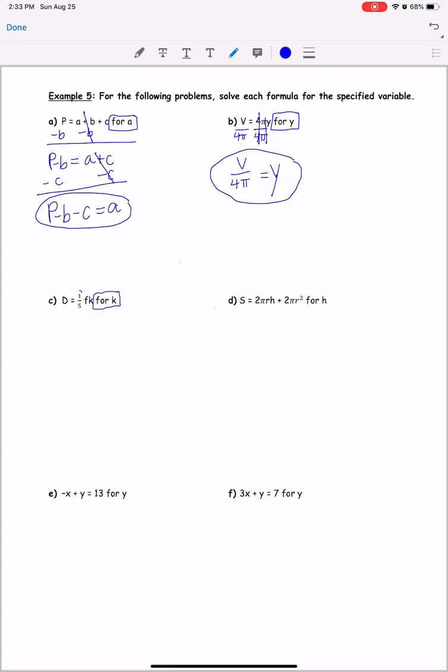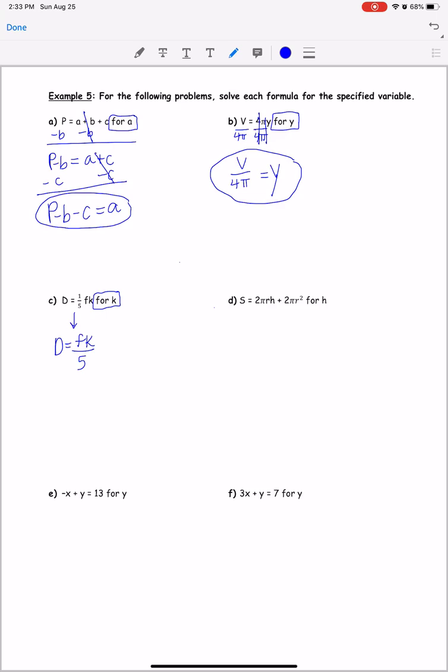Now again, this fraction really throws people off. It's a little bit easier for us to visualize this as D equals FK over 5. That little fraction bar just means divide. And so we can put that all over that 5.